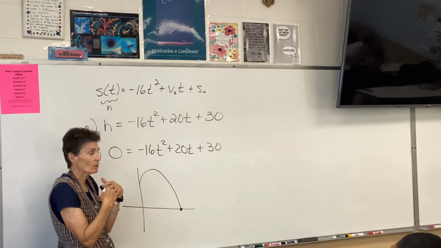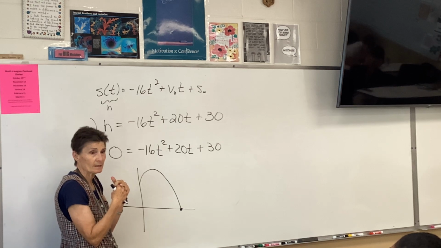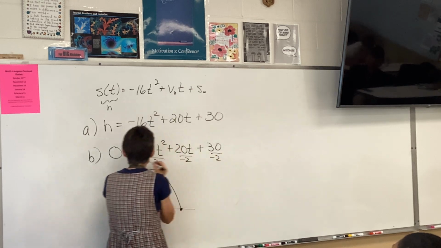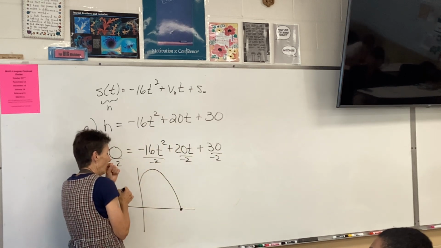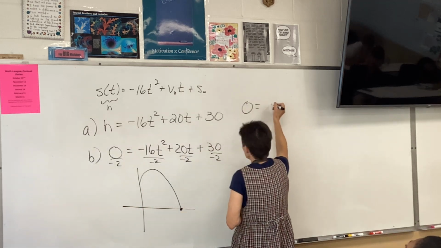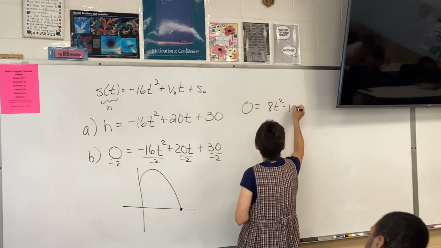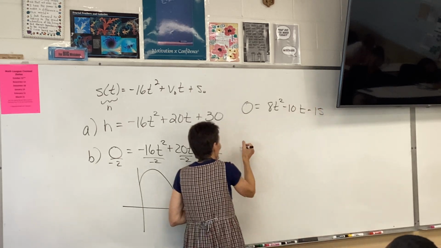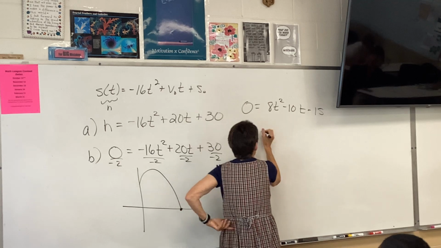I think 2 is all I can divide by. Negative 2, if you want to. This is completely optional. Once you get it set equal to 0, you can divide it by whatever you want. And then I'll use the quadratic formula.